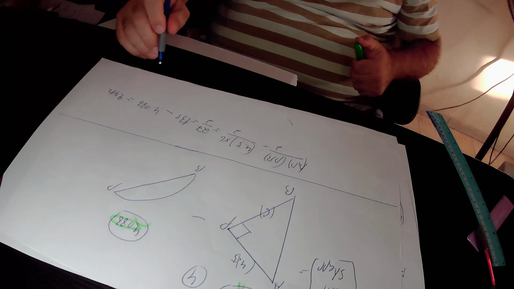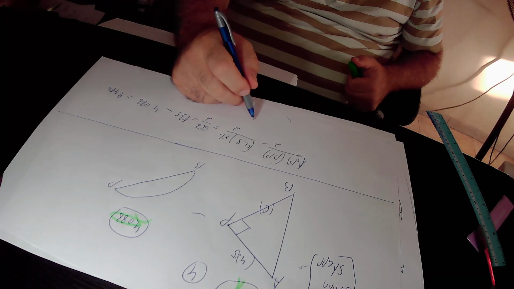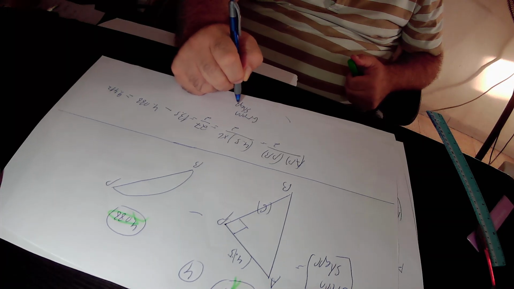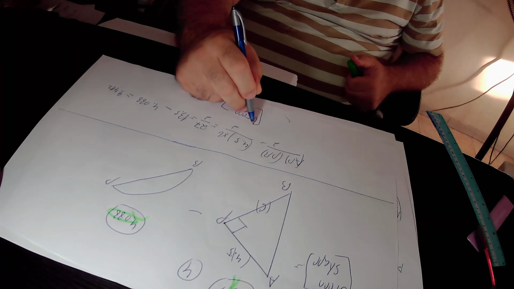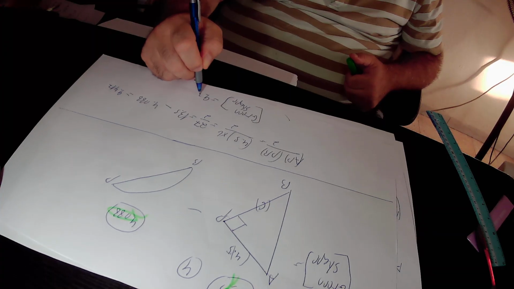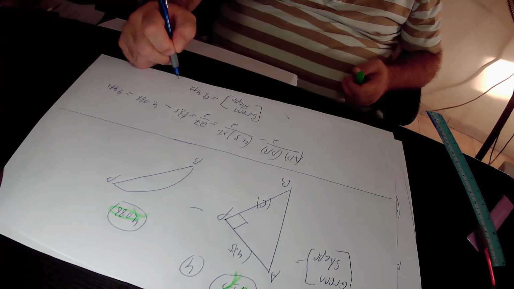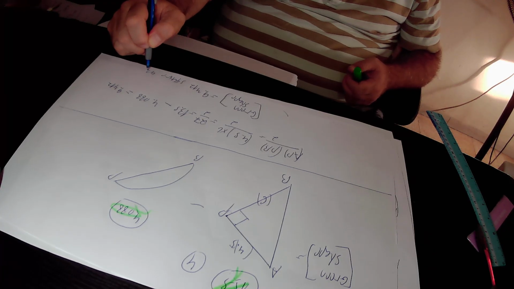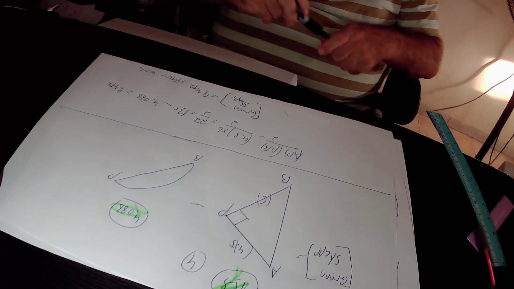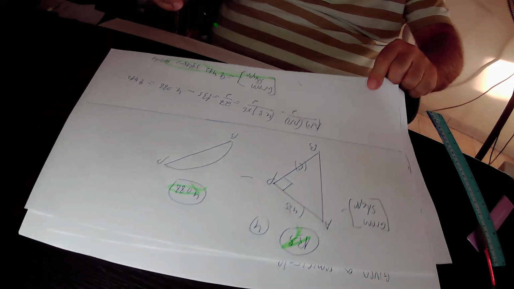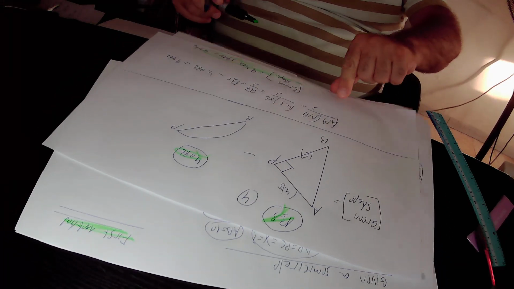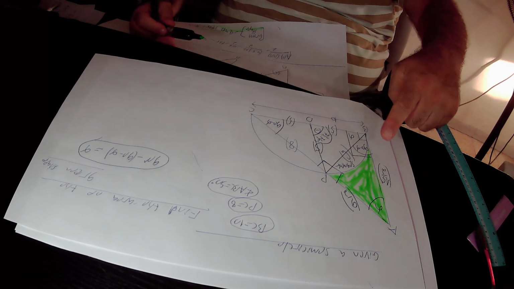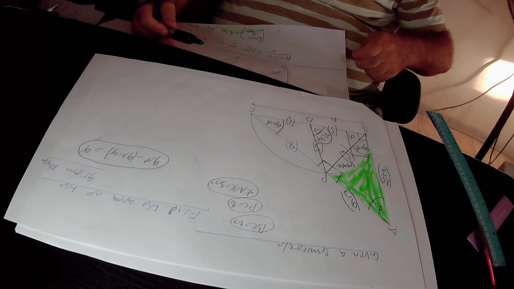So the area of the green shape, the area we are looking for in this question, is equal to 9.412 square units in its size.